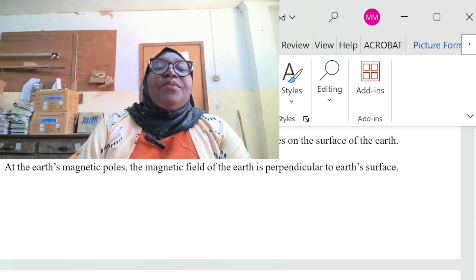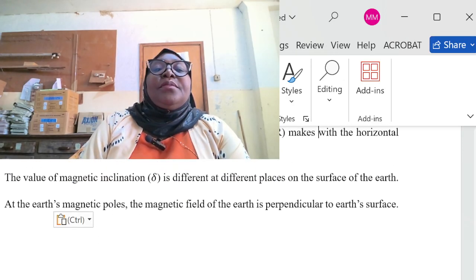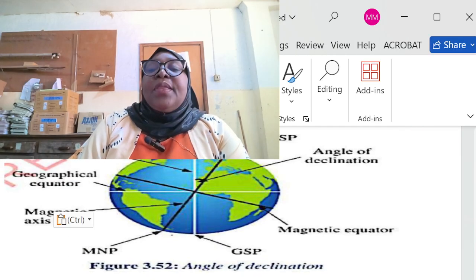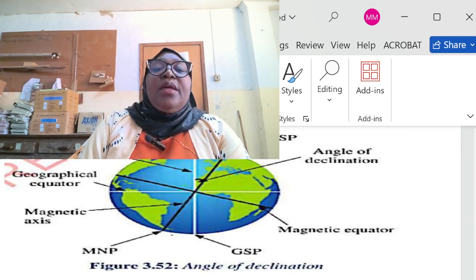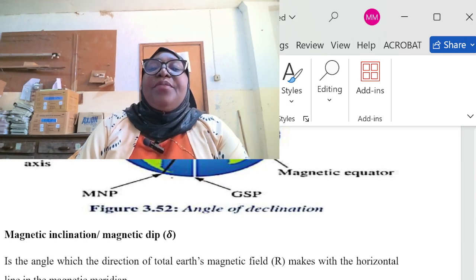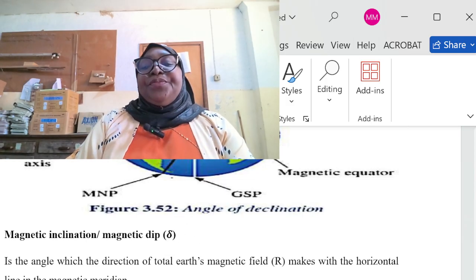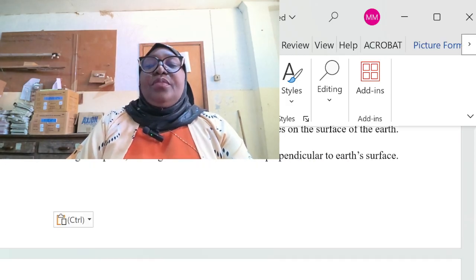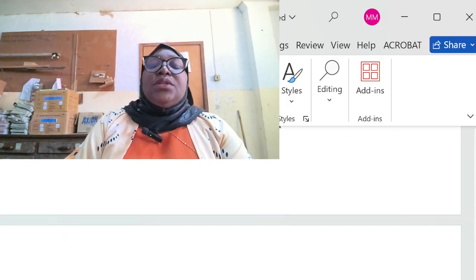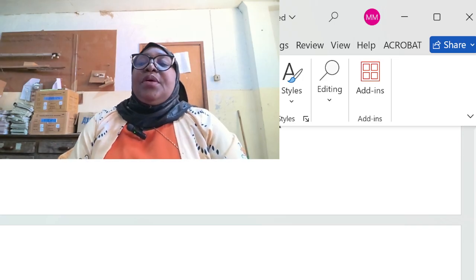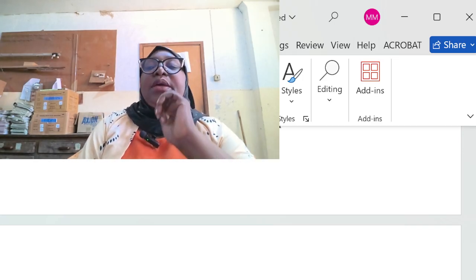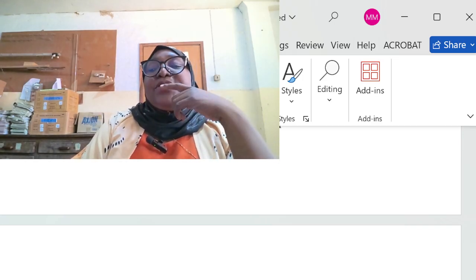Its symbol is the sigma symbol. The angle of dip varies from place to place.